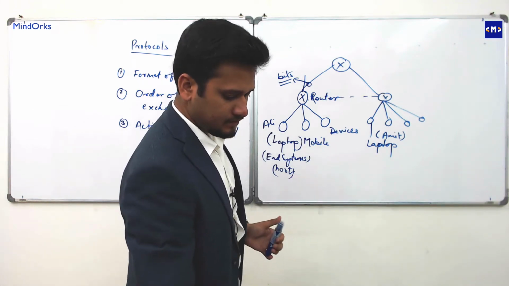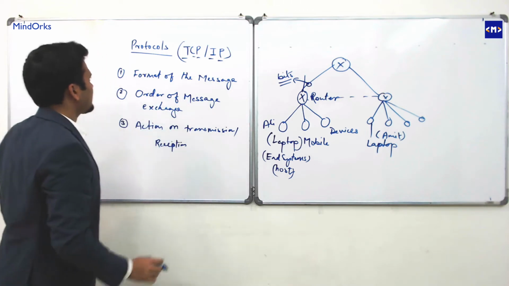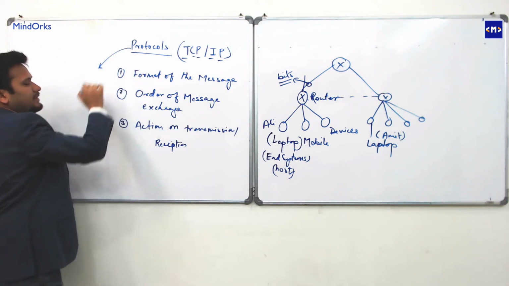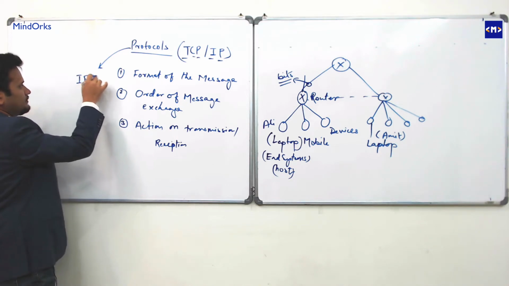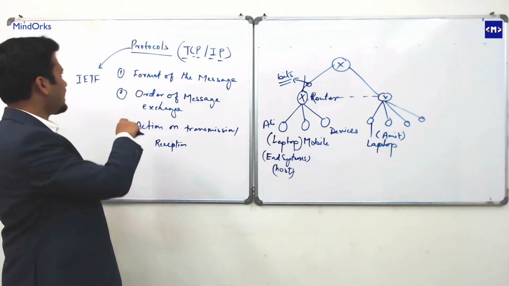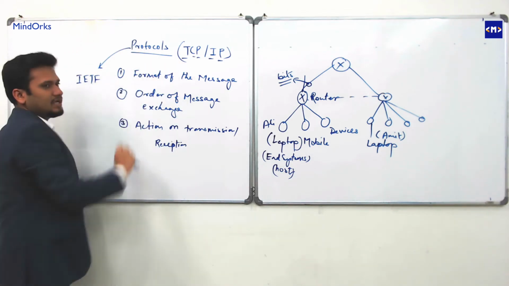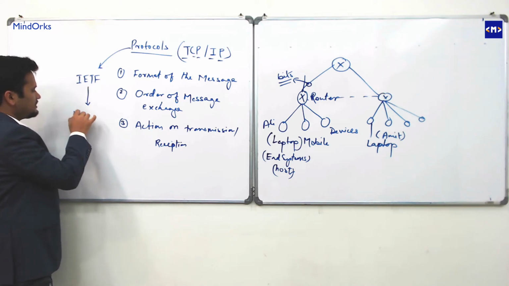Okay, and these TCP/IP protocols are actually maintained by the IETF, the Internet Engineering Task Force. This is an organization that has developed the TCP/IP protocols, and they have done this using RFCs, Requests for Comments.